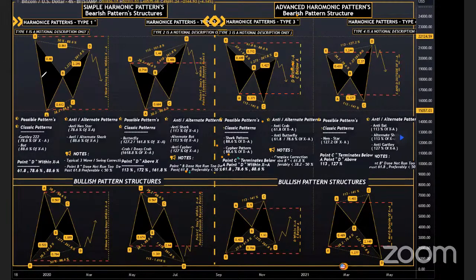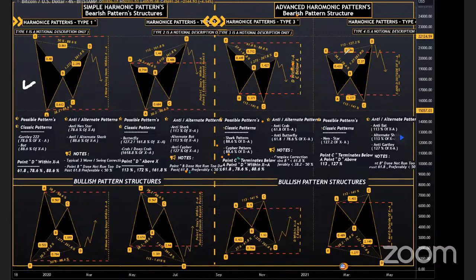Nice. Now, this one, for instance, shows you how it works. So it's all about having a bullish pattern or a bearish pattern.